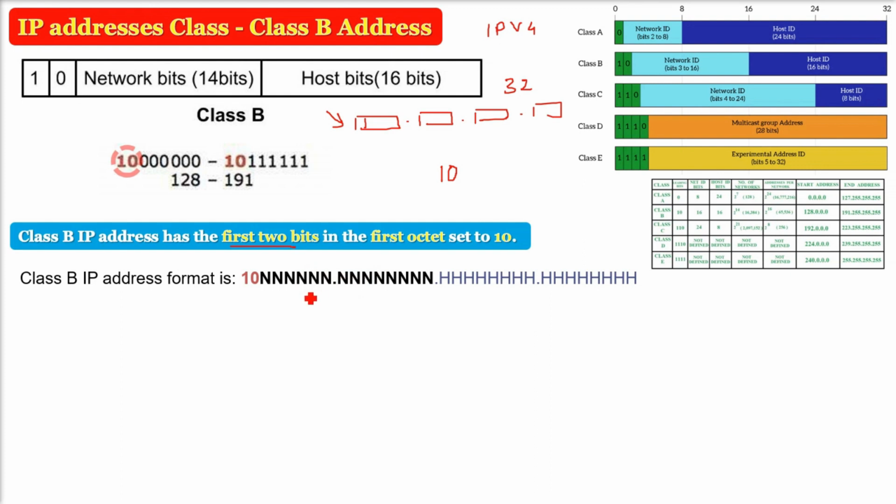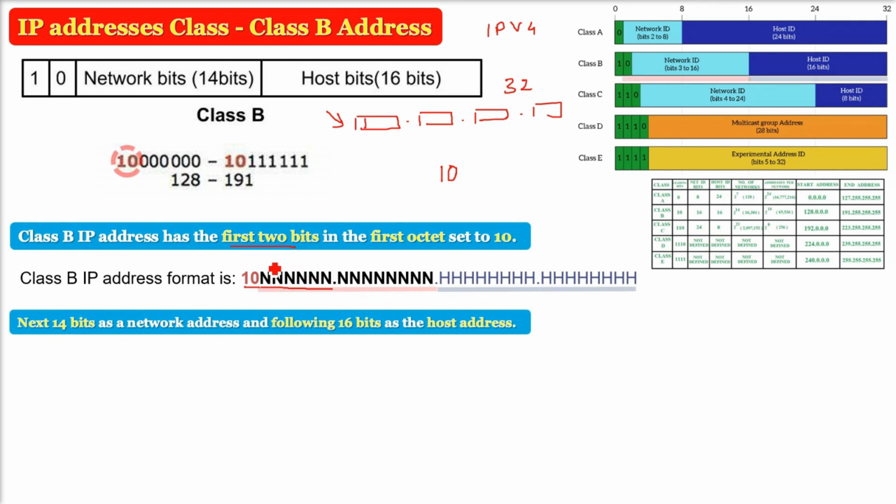So the first bits are decided to be 10; this is fixed. What all are remaining? The remaining are the next 14 bits. If you deduct 2 from 8, it will be 6, and with another octet, which is 8, 6 plus 8 is 14 bits.